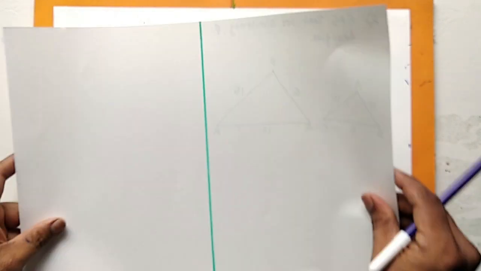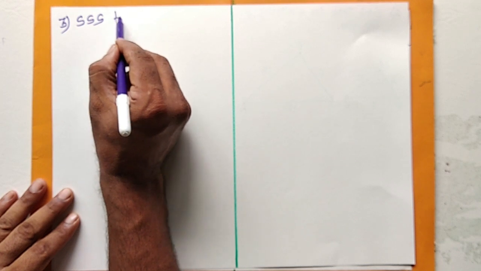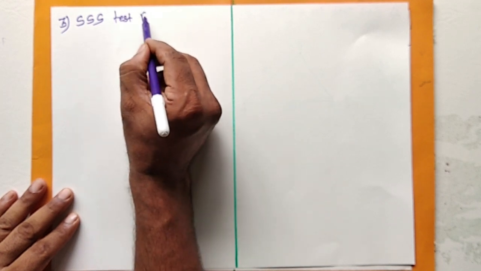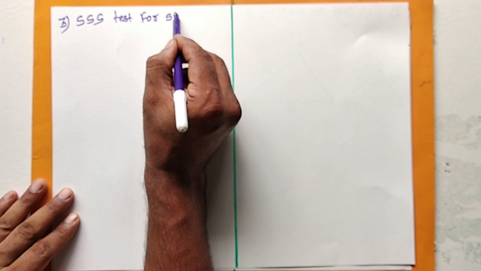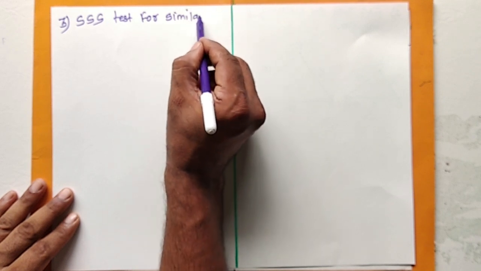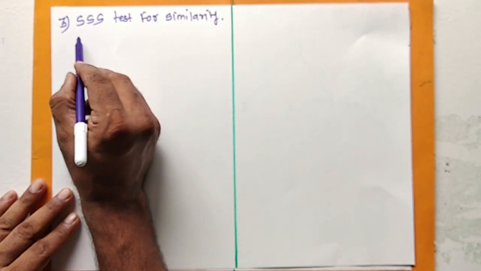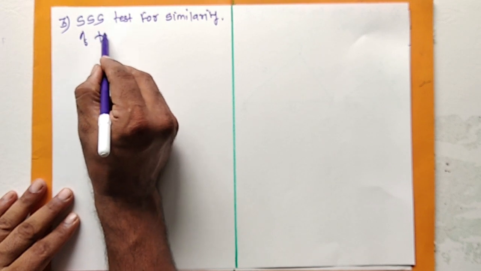Then the last test, number 3, the SSS test for similarity of triangles.